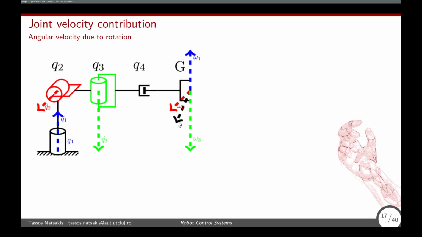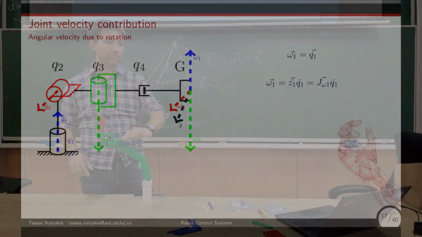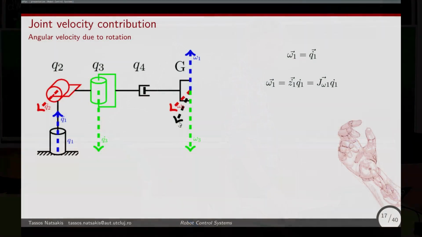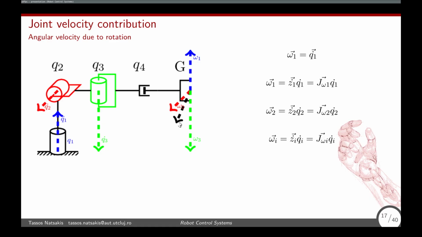So basically, omega 1 will be equal to q1 dot vector, which is equal to, again, I decompose it into an axis of rotation with length 1 times a magnitude. Omega 2 will be like this, and omega i will be zi. So this is angular velocity due to rotation.